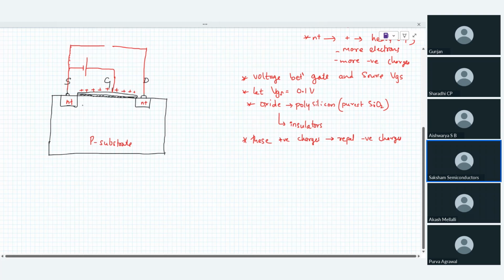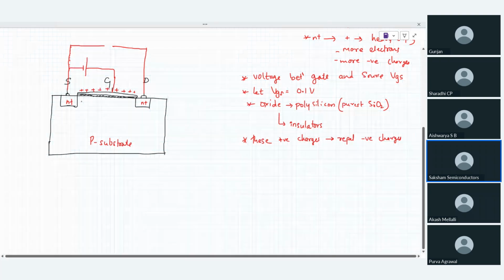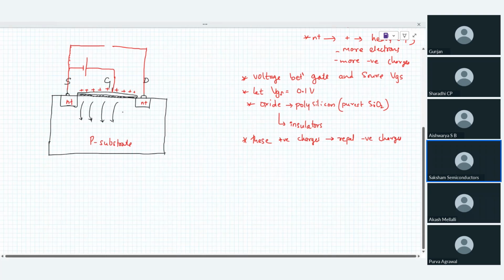Positive repels positive, and positive and negative attract. Because 0.1 amount of positive charges are sitting over here, they repel these positive charges, something like this. And when that happens, there is an empty region that is being created.